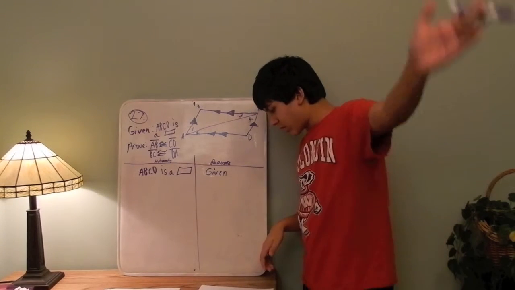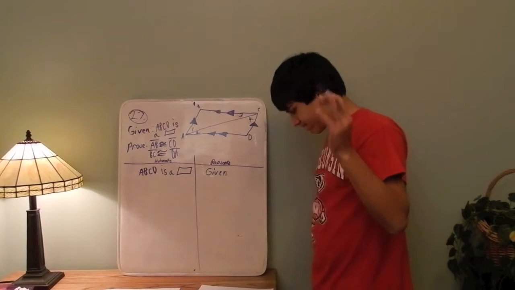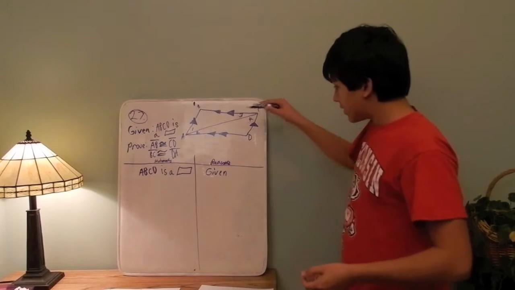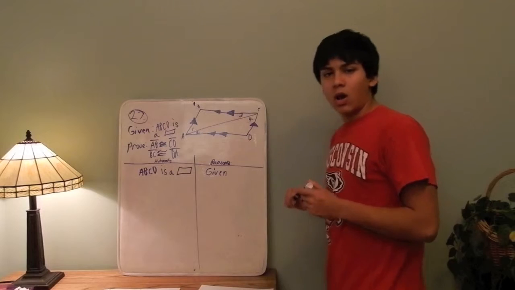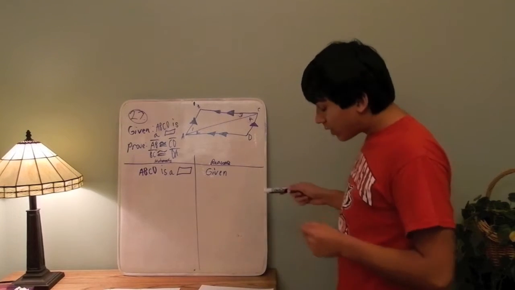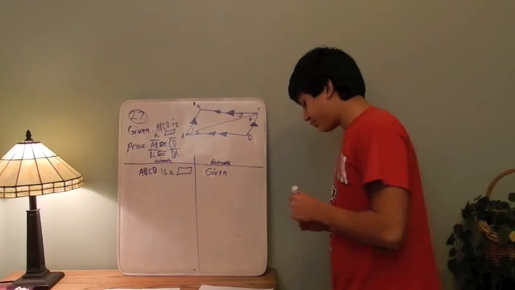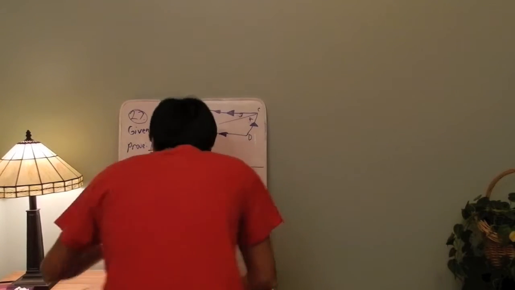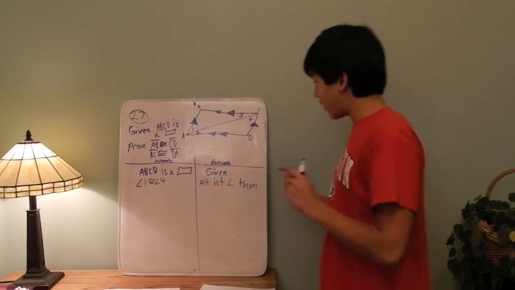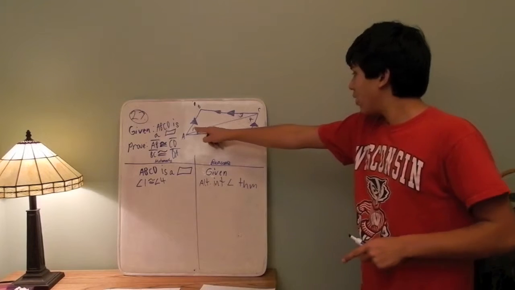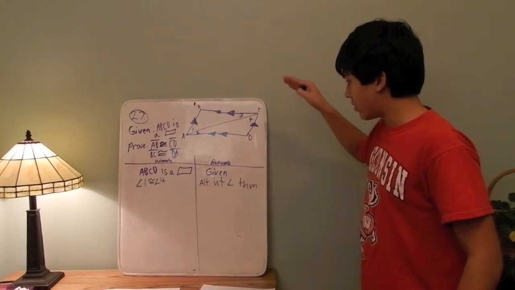Since these lines are parallel, we know that angle 1 and angle 4 are congruent because of the alternate interior angles theorem.